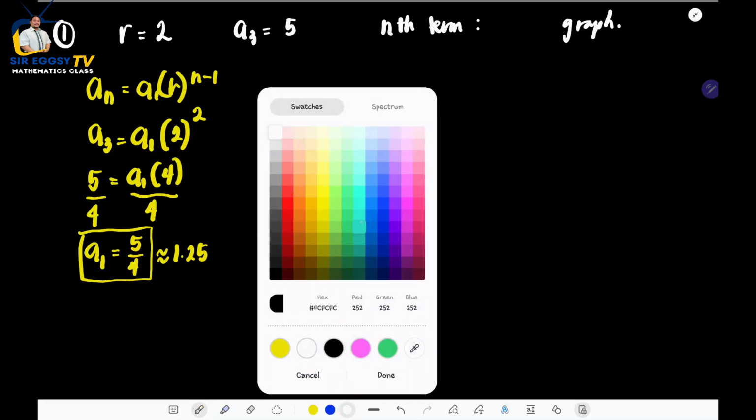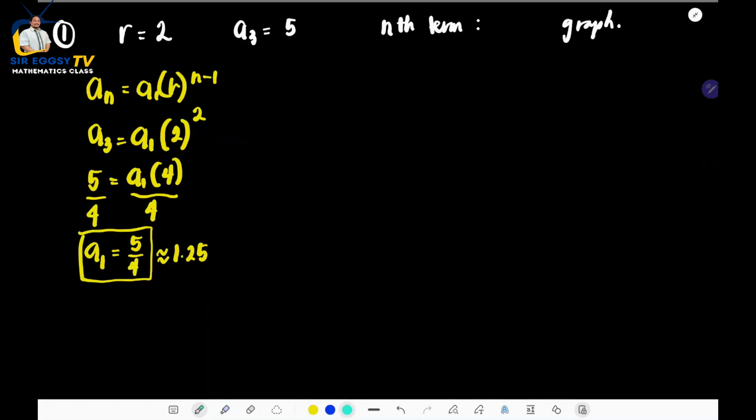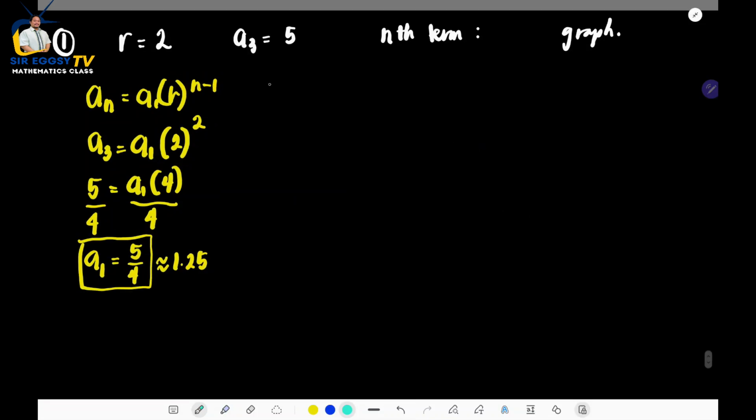Okay? Now, let's have the a sub 2. So, since may a sub 1 ka na, and you know already the common ratio, a sub 2 is just equal to 1.25 times 2, which will give us 2.5.